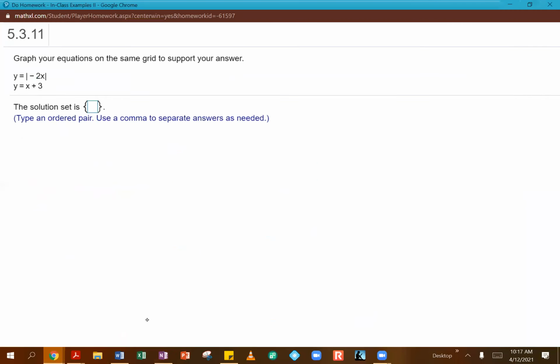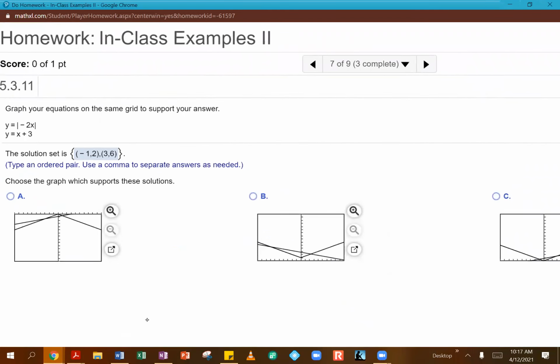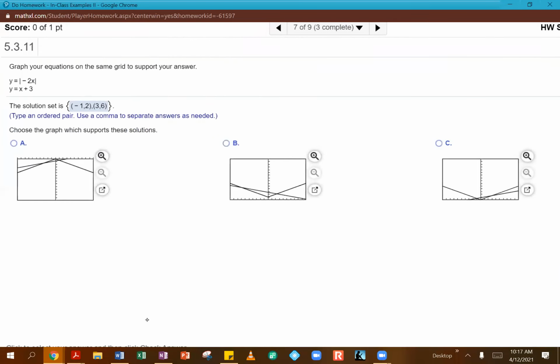Okay, let's go ahead and plug these guys in. And then they're going to ask us to choose the graph. Let's see, you're choosing out of these three.